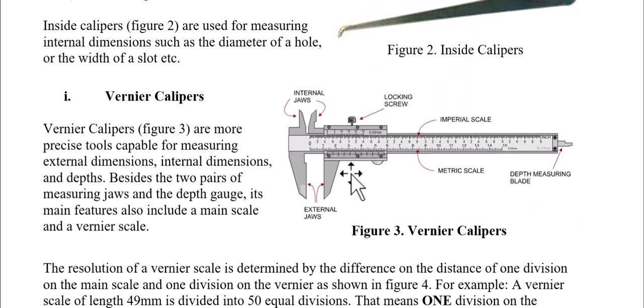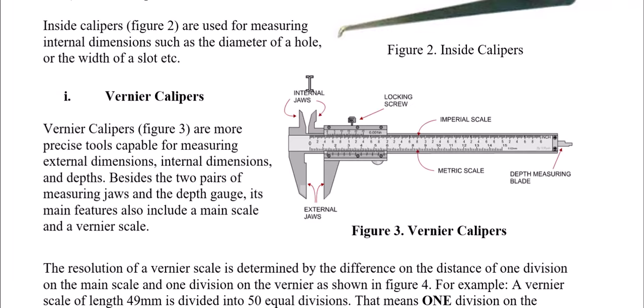Then we have a vernier caliper. This is used for measuring the external and internal dimensions as well as the depth. This is similar to the micrometer screw gauge, except that this can measure multiple dimensions with a single tool.